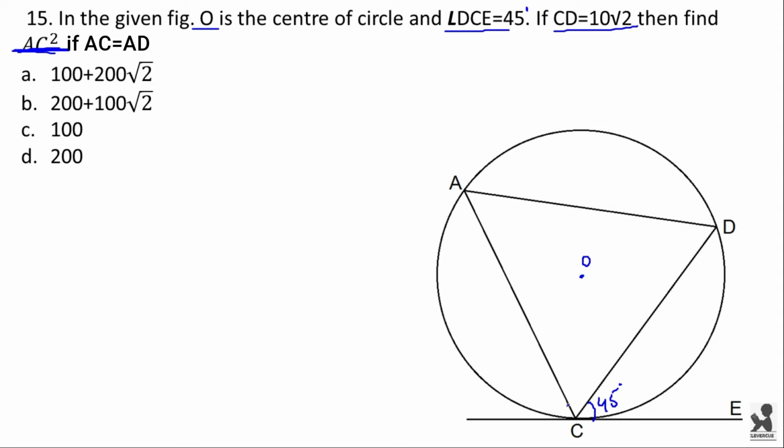According to the alternate segment theorem I have discussed earlier, angle ECD will be equal to angle CAD. So this is 45 degrees.